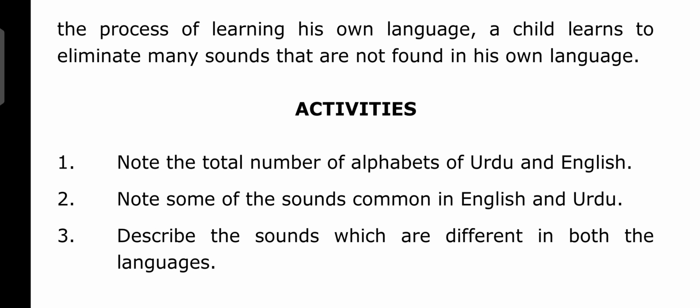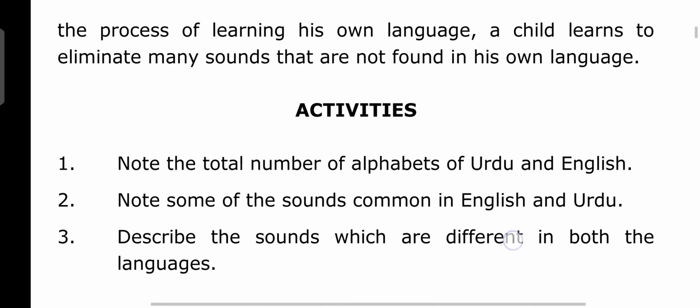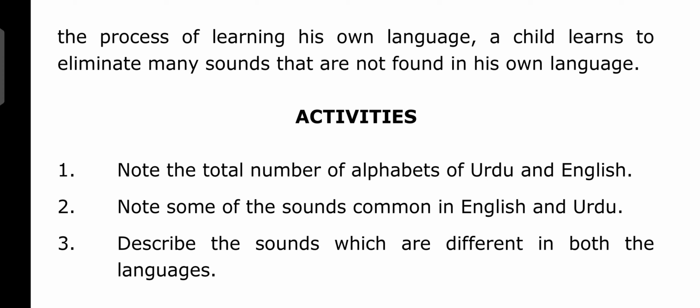Now we are going to discuss some important activities which may come in your assignment or your quiz. Activity point one: note the total number of alphabets of Urdu and English.